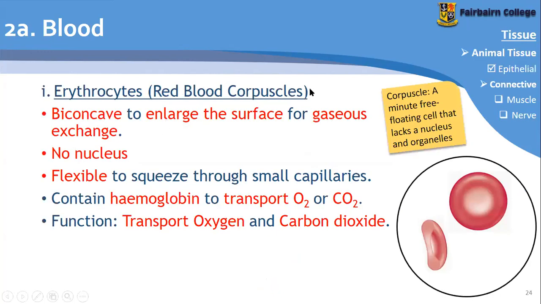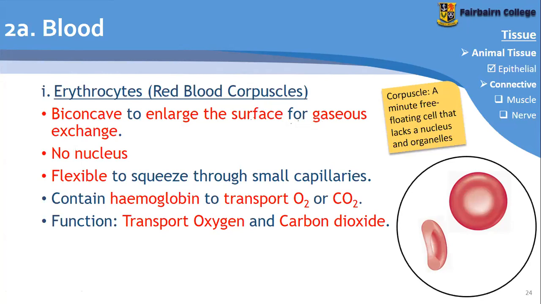Erythrocytes, red blood corpuscles. This is a common misconception, and even as teachers we often say red blood cells, but in fact, red blood cells are not cells. It's incorrect to call them cells, because they don't have nuclei and organelles.